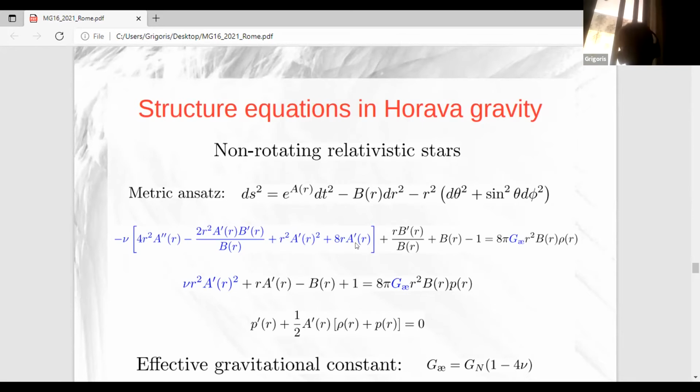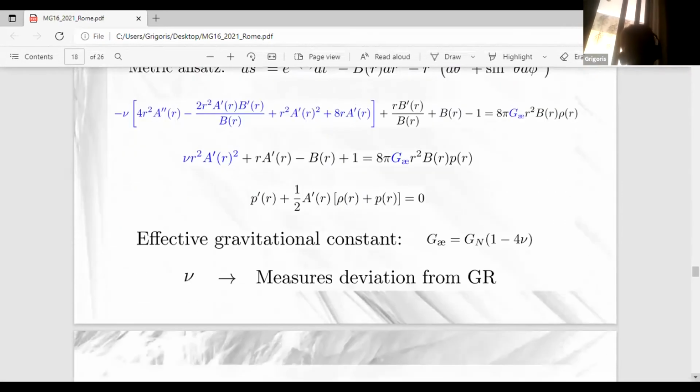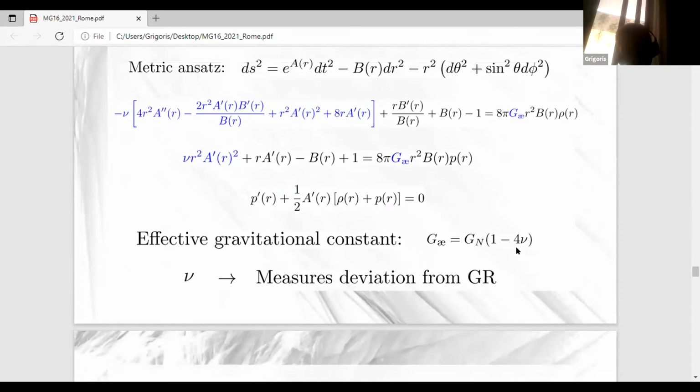But in the structure equations, one now obtains new additional terms that are proportional to this parameter nu, which is the only free parameter in the theory measuring the deviation from general relativity. As you know, in modified theories of gravity, one has the real Newton constant and some effective Newton constant that are not the same. And this parameter nu tells you what the difference is between the two.